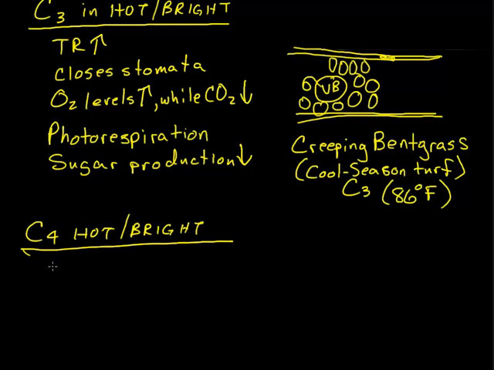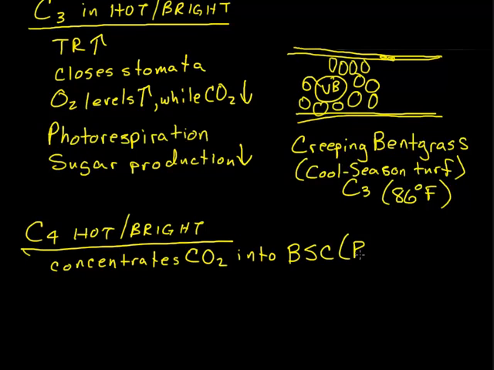And PEP carboxylase, as it says in your notes, along with Kranz anatomy, allows a C4 plant to concentrate CO2 into the bundle sheath cells, which is where the rubisco is.